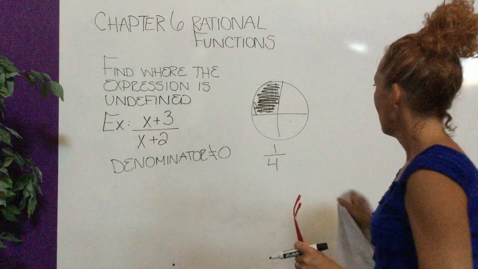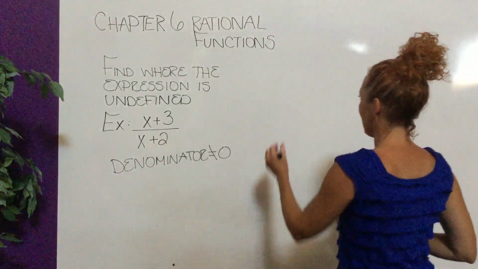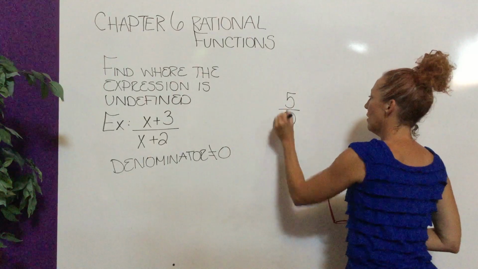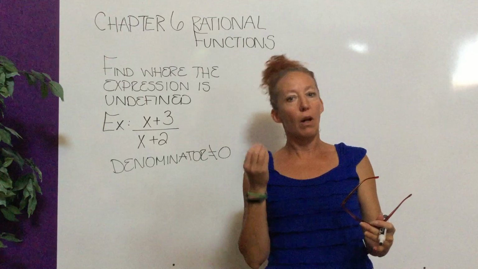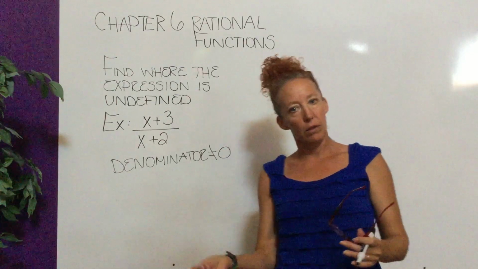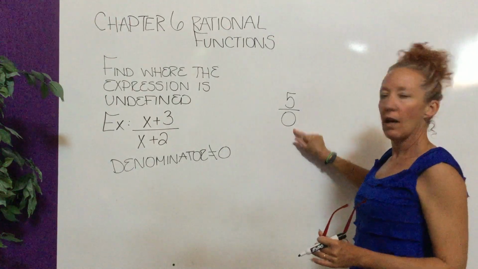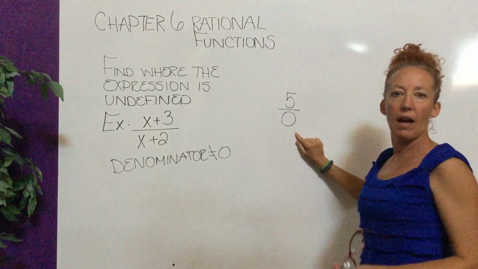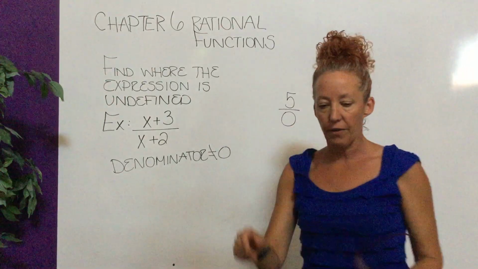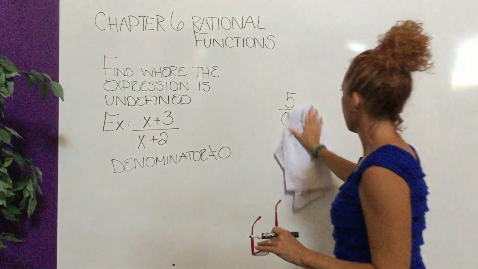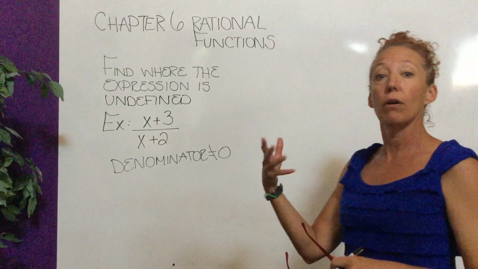So if you have a fraction with 0 on the bottom, what does that mean? If you think about it in the context of an actual object, like a cookie or a pizza, how do you have 5 pieces of nothing? How would you define that? How would you draw a picture to represent that? So the bottom of our fraction cannot be 0 because it just doesn't make sense with what we understand fractions to be, part of a whole.